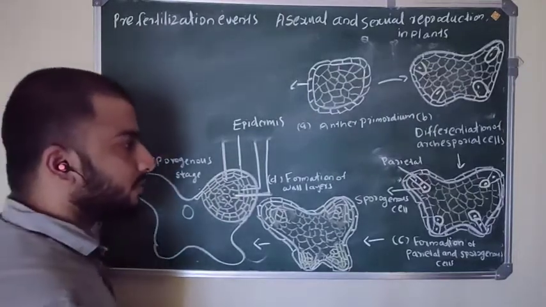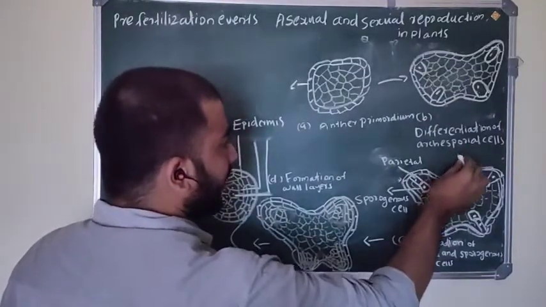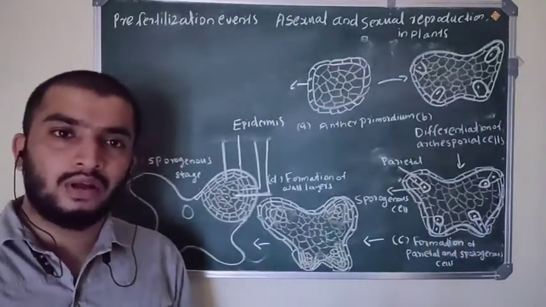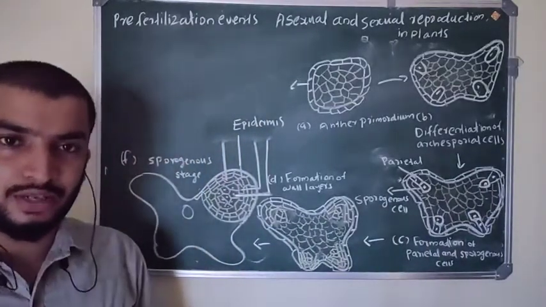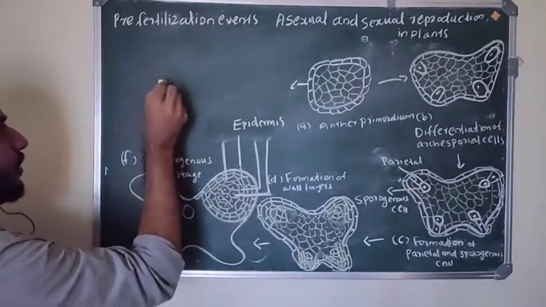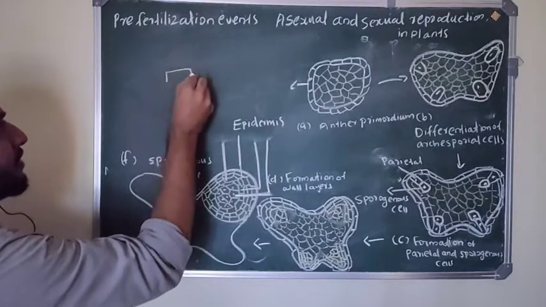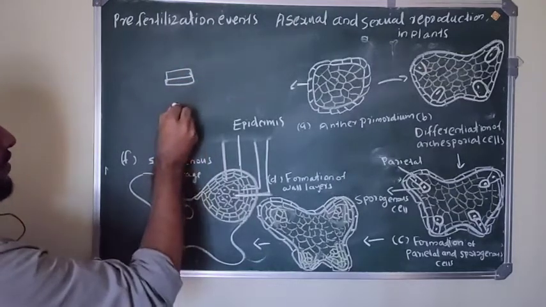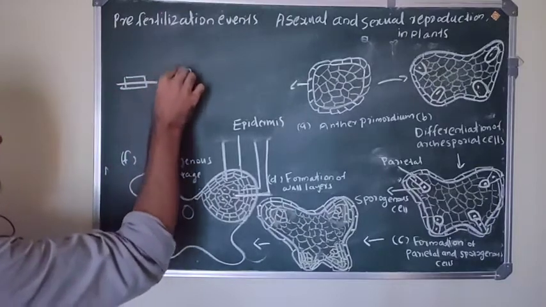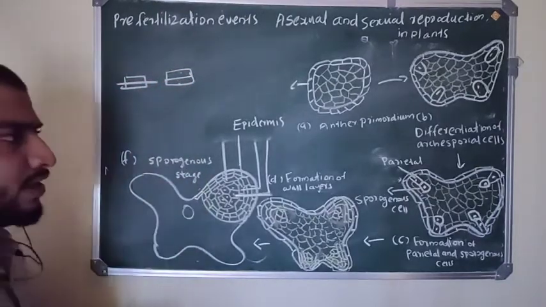Then what happens? This differentiated archesporium undergoes periclinal division. What is meant by periclinal division? It means parallel division of a cell. This is one cell, and that cell divides parallelly and produces two cells, that is called periclinal division.